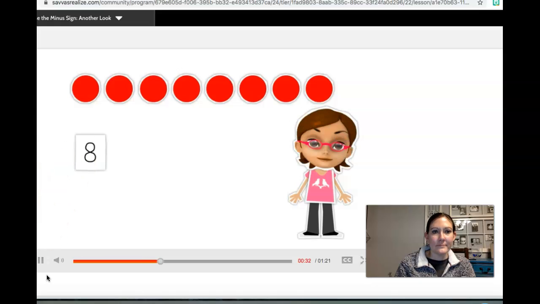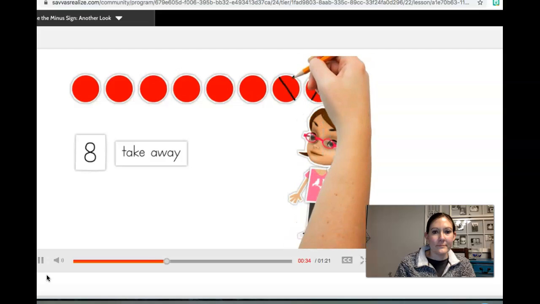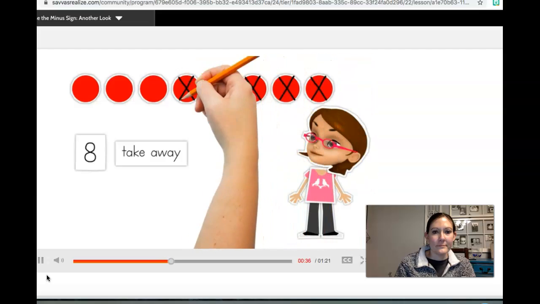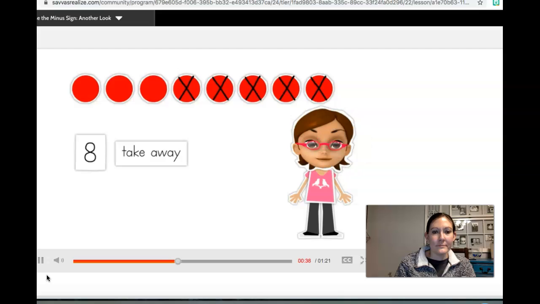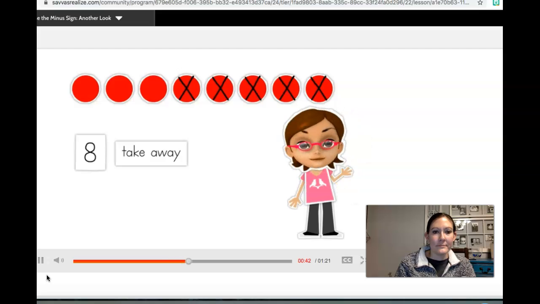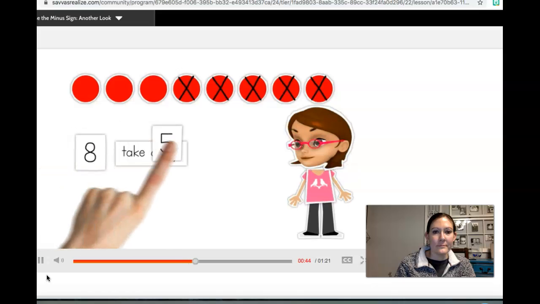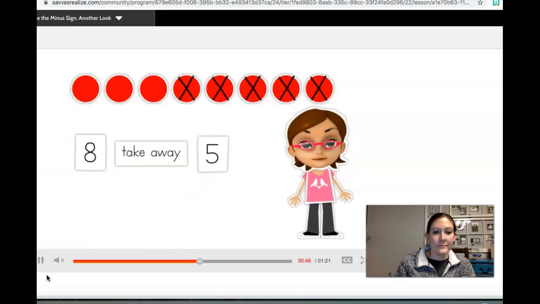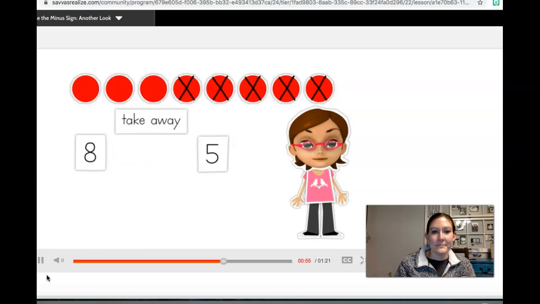Now I'm going to take away 5 counters. Can you count the number of counters I took away? Yes. How many counters did I take away? 5. We can show the number 5 to tell how many are taken away. And what does take away mean? Take away means subtract. Yes, take away means subtract.